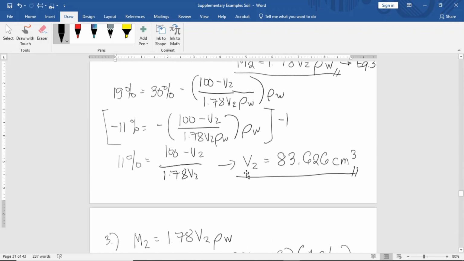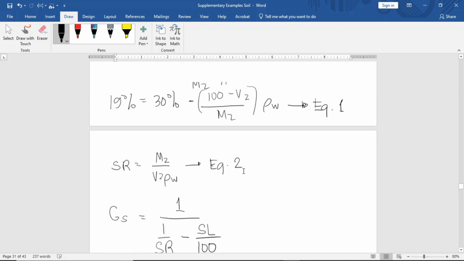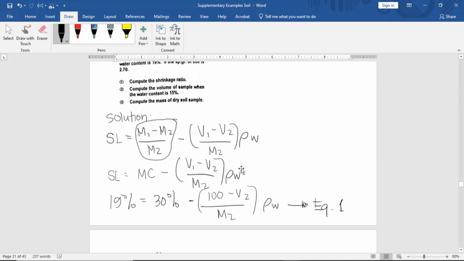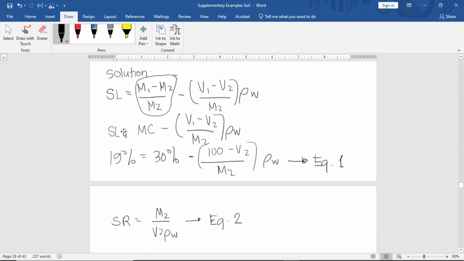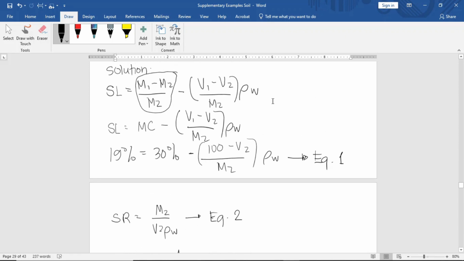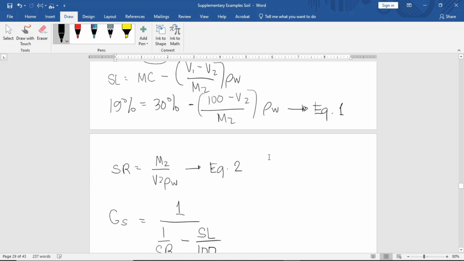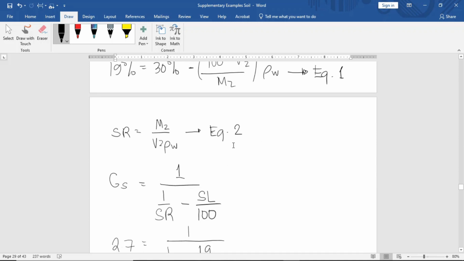So, tulad ng sinabi ko kanina, hindi natin magagamit agad-agad yung mga formulas natin based sa given natin. So, nag-derive muna tayo ng shrinkage limit. Ginawa natin ganito, 19%, so 30%, minus 100 minus V sub 2 all over M2 times unit weight of water, density of the water. So, ito yung equation 1 natin.